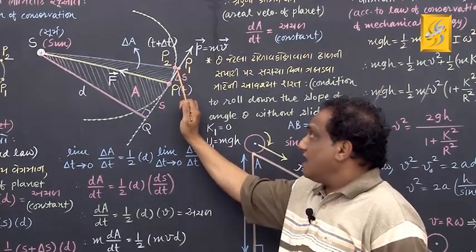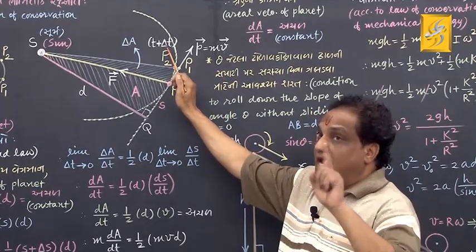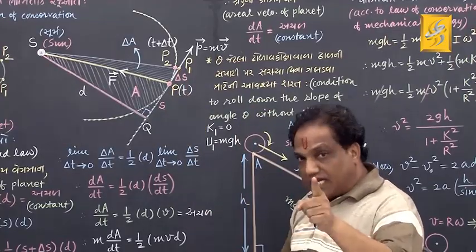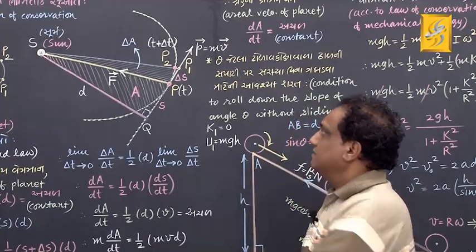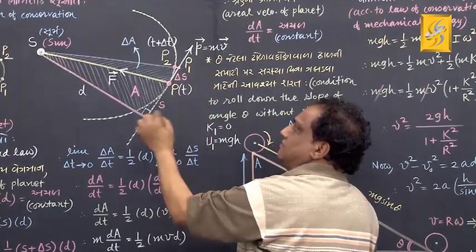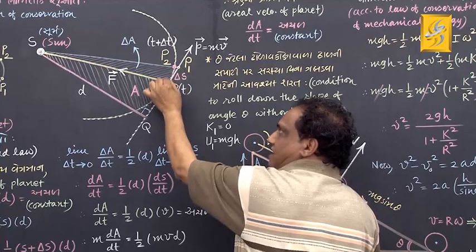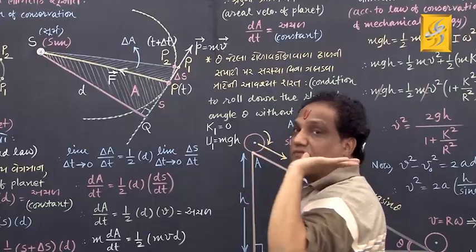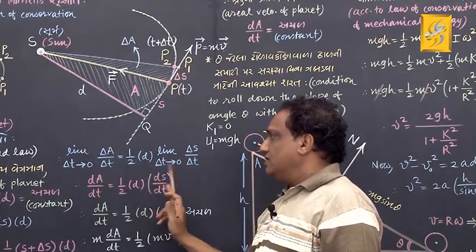For that, the time interval allowed for the planet to move from P to P2 should be reduced as small as possible. If limit delta t tends to 0, then P1 and P2 are very close, and instead of P2 we may write P1. For that sake, you must take the limit delta t tends to 0 on both the sides.